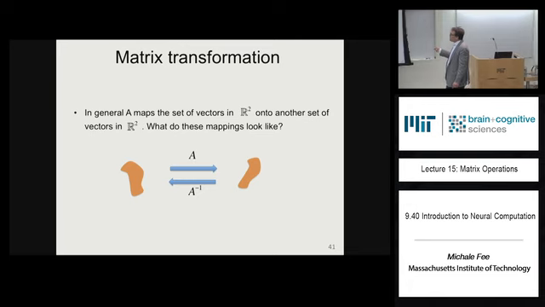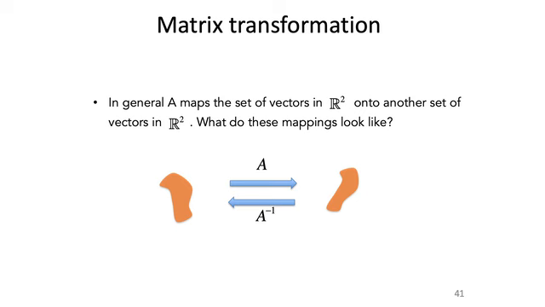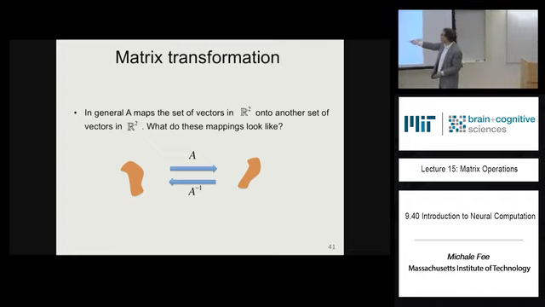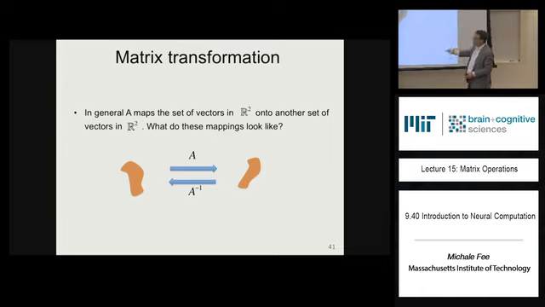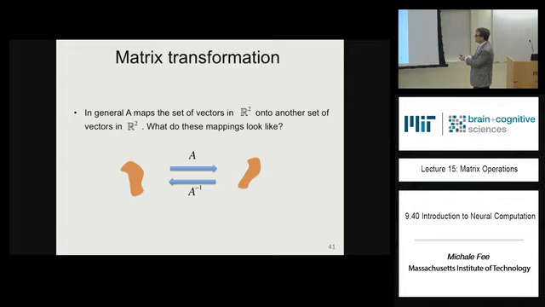So in general, a matrix A maps a set of vectors in this space. So if you have a 2 by 2 matrix, it maps a set of vectors in R2, okay, onto a different set of vectors in R2. Okay, so you can take any vector here, some vector from the origin into here, multiply that vector by A, and it gives you a vector.